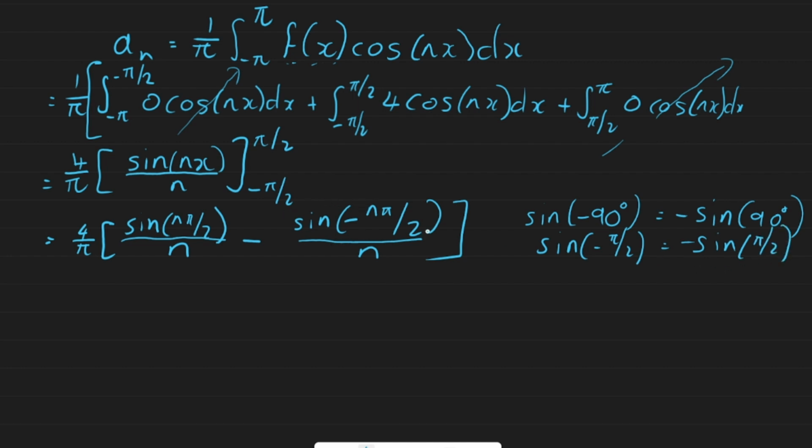So essentially this term is minus sine n pi over 2. So if we bring out the minus, we can have a minus here and a minus here, and it's going to give us a plus. So what we'll do is we'll write plus here, and we'll remove this minus here. So these two terms are essentially the same, and we're adding them.